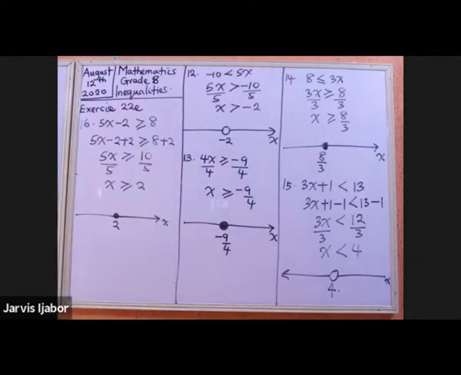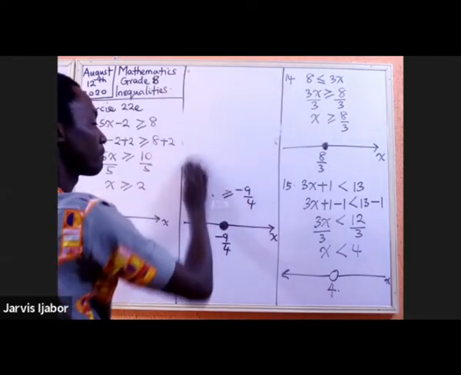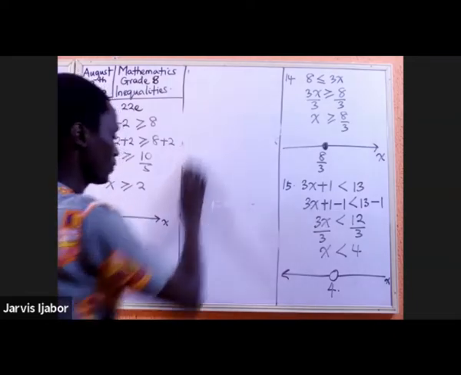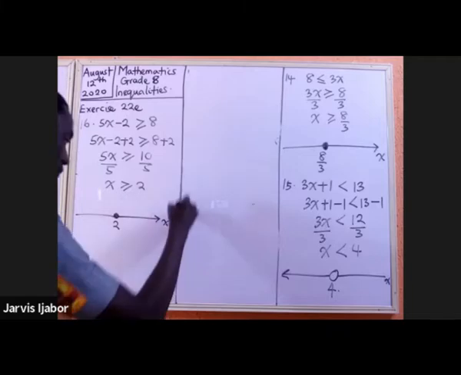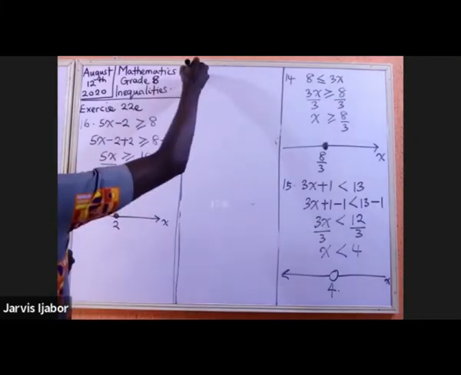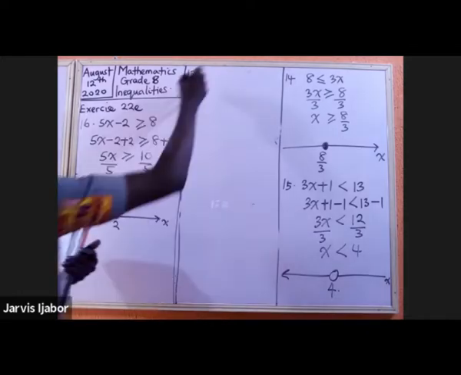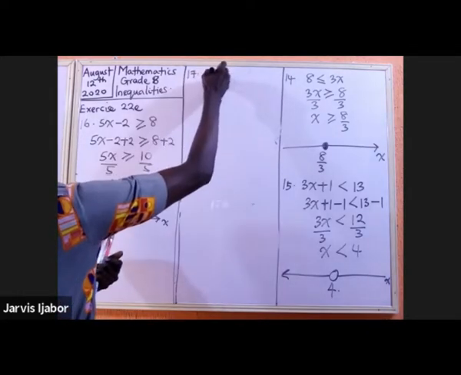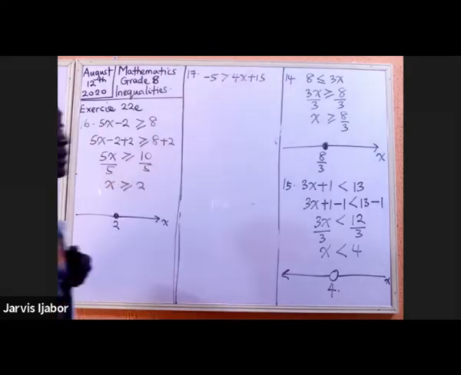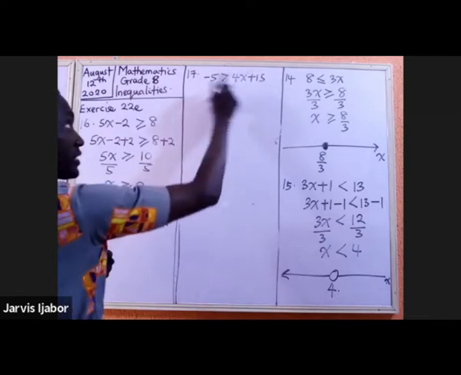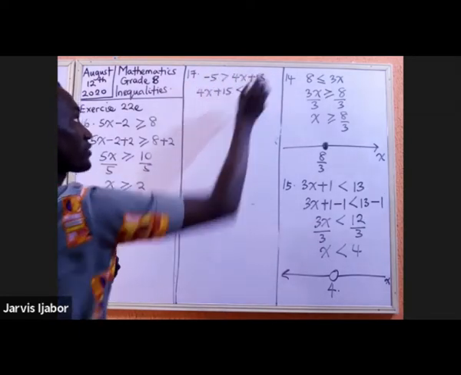So let's see what happens in question 17. -5 greater than 4x plus 15. If this is greater than this, it means 4x plus 15 will be less than -5. That's what it means.